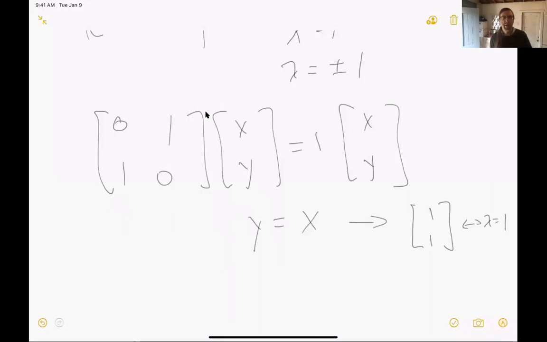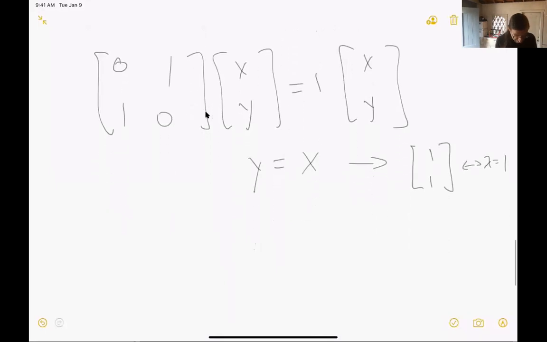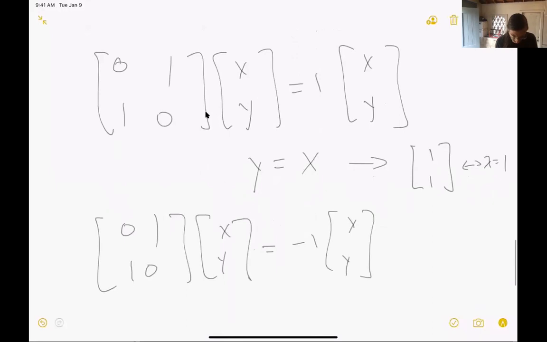So along (1, 1), we see a source. And if we do the other one, lambda equals minus 1, then we get y equals minus x. So that's (1, minus 1) corresponding to lambda equals minus 1.